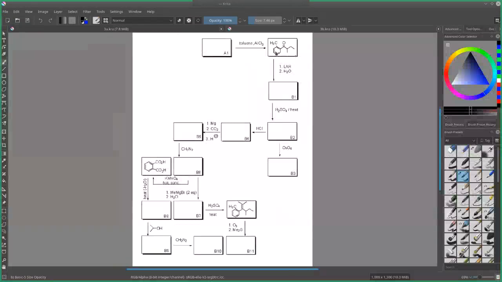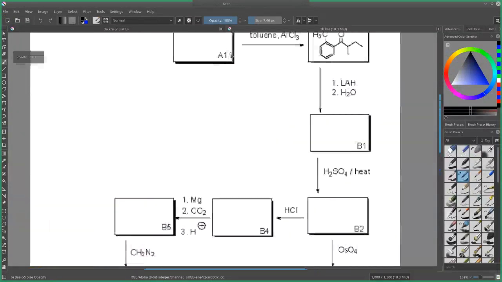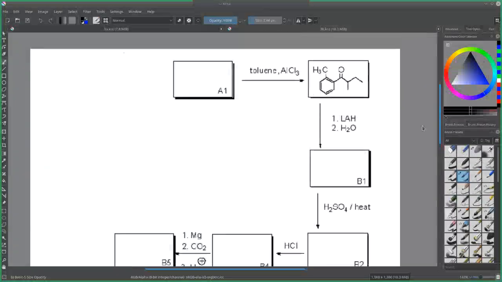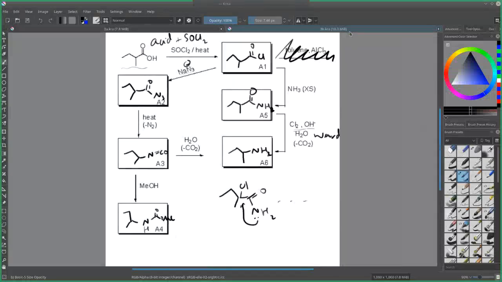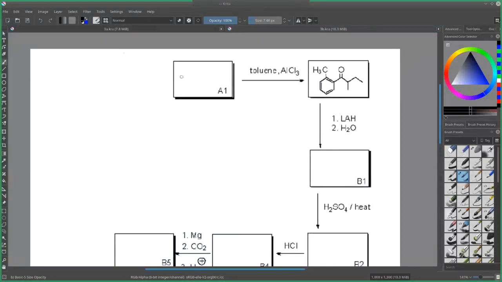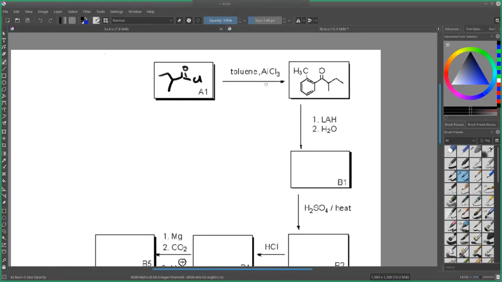B might be better. All right. Let's see. So here's... whoops. Okay. Let's use the product A1, which we had before, which looked like this thing. And then give it toluene, which is this guy.